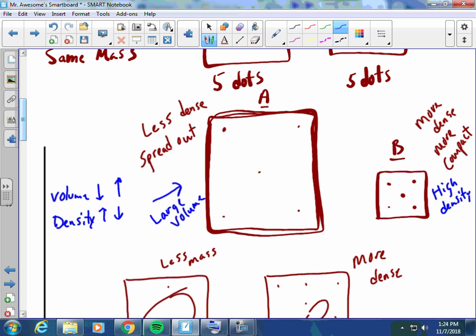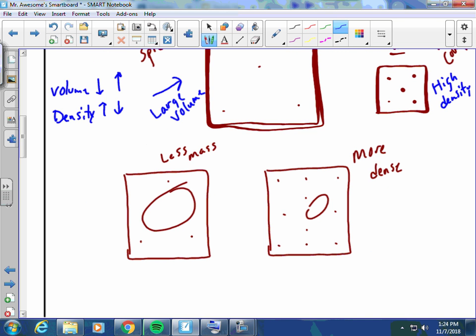Now with mass. All right, so which one of these was more dense? The one on the left or the one on the right? Well, the one that says more dense, right? I wrote it down. Which one has a higher mass? So we can tell that if we have the same volume and I increase the mass, the density also increases.